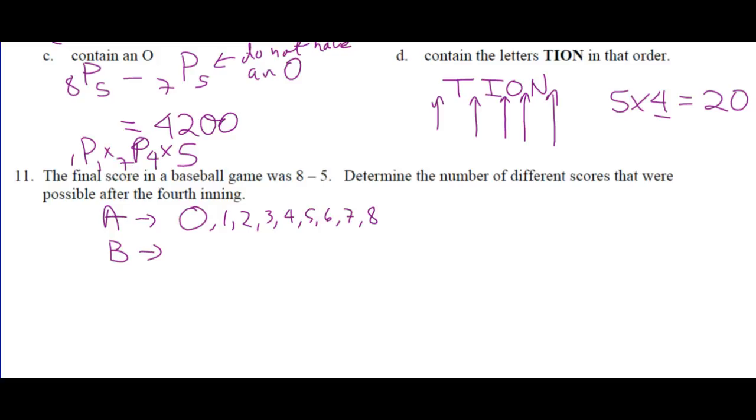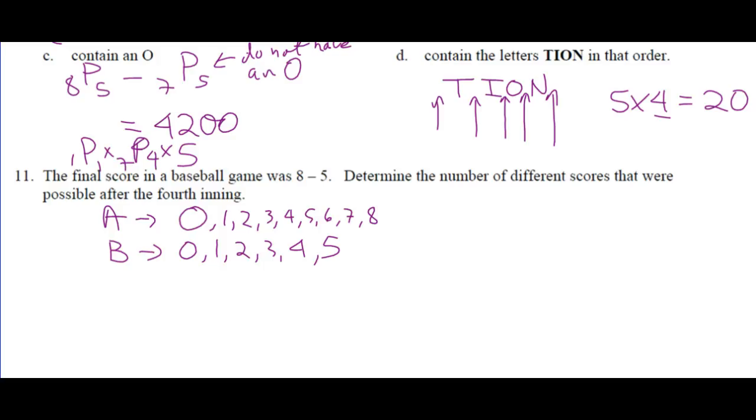Right? We know they're going to end up with 8 runs. We know they started with 0. They could still have 0 runs. Maybe they're going to score them all in the bottom of the ninth. What could B have? 0, 1, 2, 3, 4, or 5. Right? Maybe they've scored none of their runs. Maybe they've scored all of their runs.